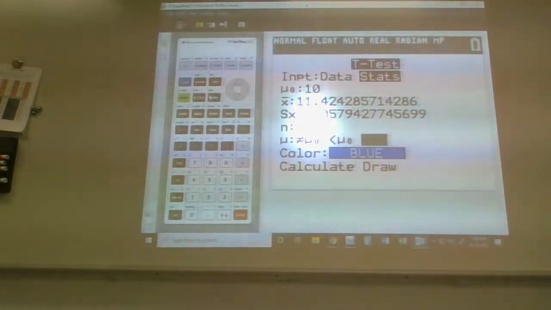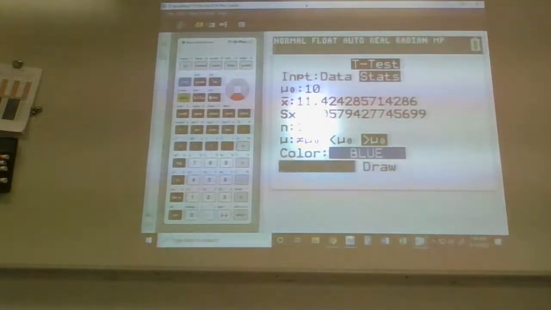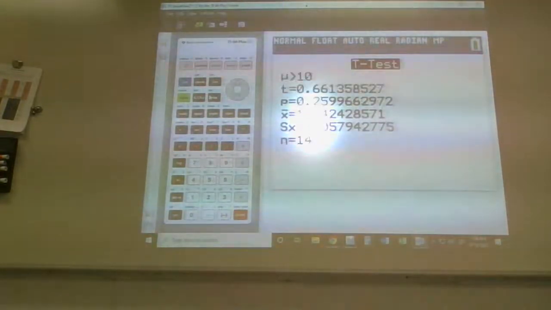He doesn't want to overspend $10, but we think he might be. The evidence shows that he is overspending during those 14 days. We're looking at being greater than mu sub 0. Okay, let's calculate. Ooh, very interesting. So let's see.